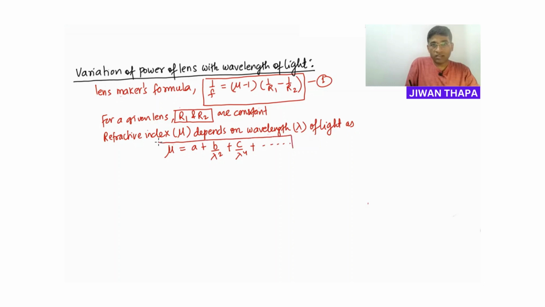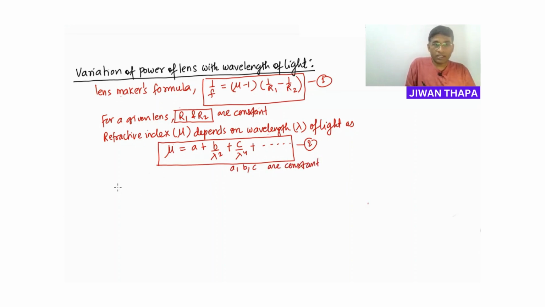So this relation gives the dependence of refractive index with the wavelength of light, and A, B, C are constants. So this is to be noted.